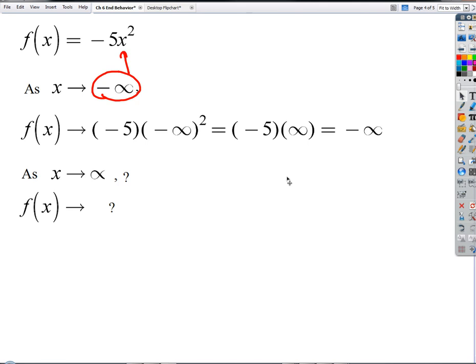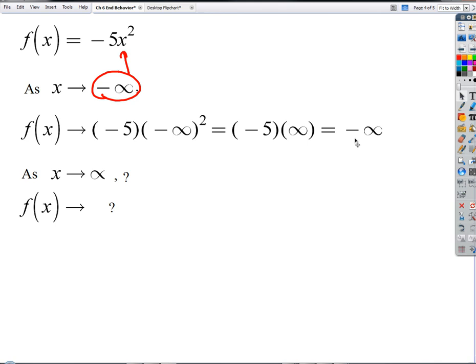If I have a really big negative number, call it negative infinity, and I square that, aren't I just going to get back a really big positive number? So you can think of it as negative 5 times positive infinity. And a negative number times a really, really big positive number is a big negative number, right? So you could even just do the algebra with the infinities if you want to, but I think it's probably easier to do it the way I was showing.